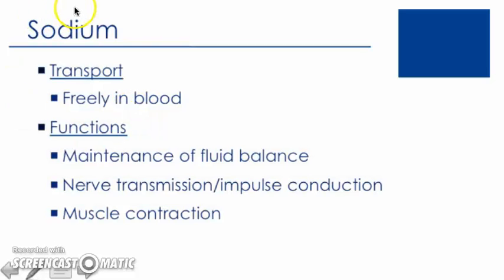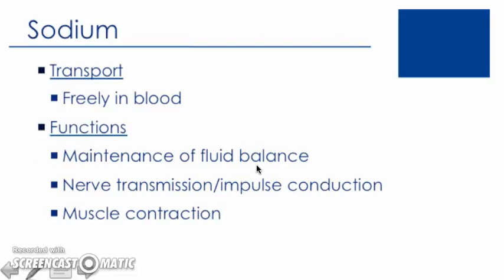Just to talk a little bit about the transport and the functions of sodium. Sodium is transported freely in blood, so it will be transported in the free form through circulation. We see some of its main mechanisms here. We see its involvement in the maintenance of fluid balance, and we'll talk about this process in more detail.